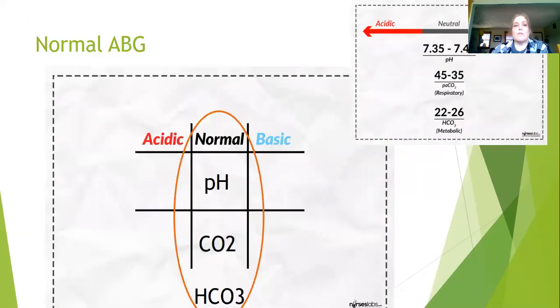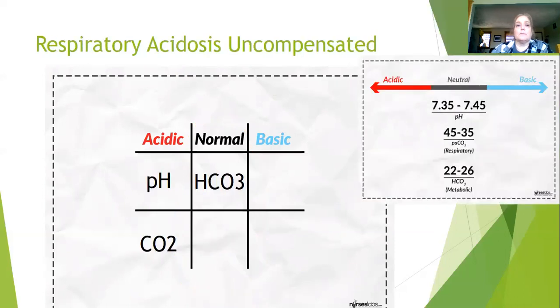So we're going to look at several of these, one right after another. We have a normal ABG when we have the pH, the CO2, and the bicarb all lined up under the normal column.